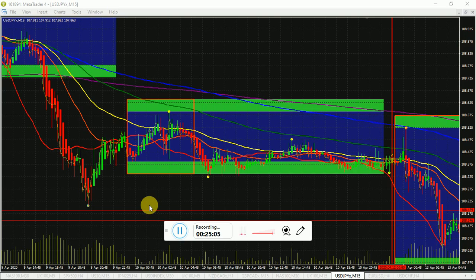And by the way, all these indicators are custom. Majority of them are custom. Some come stock with the MT4 chart. But if you guys need to know more as in what to do, I think what I've explained is quite clear and simple.